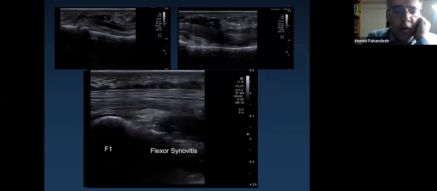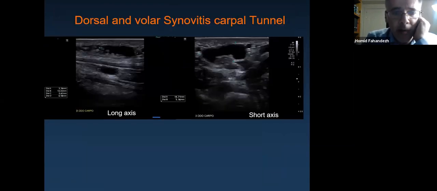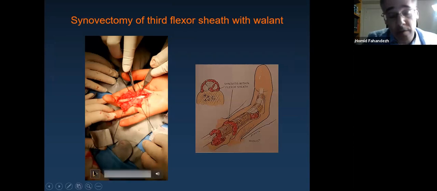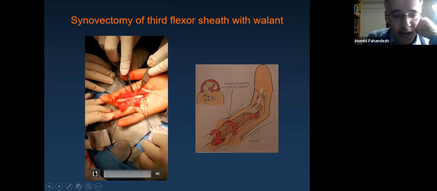And if we go proximally, you can also see this tenosynovitis and how in the carpal tunnel we have a very strong tenosynovitis that gives the patient the symptoms of CTS. In these cases I perform a synovectomy with Walant, and then I also did a CTS release with Walant.